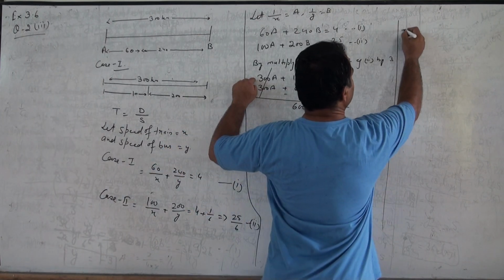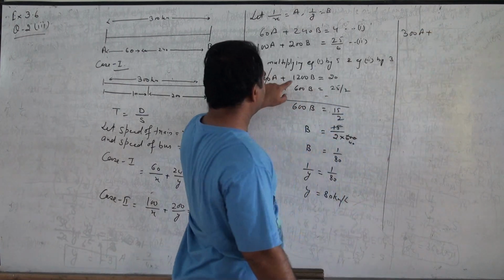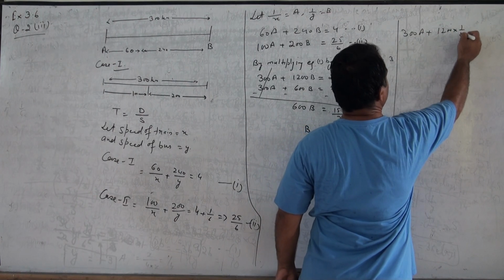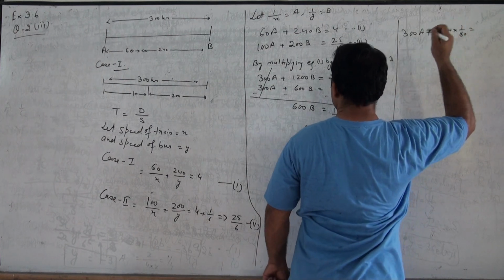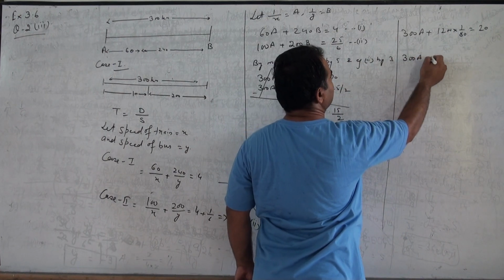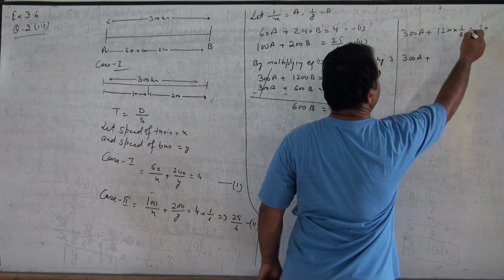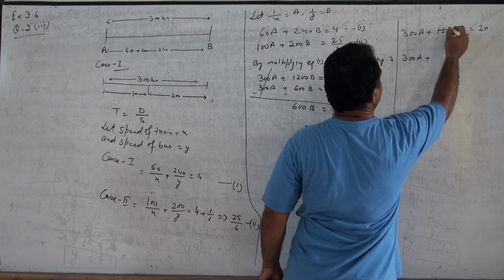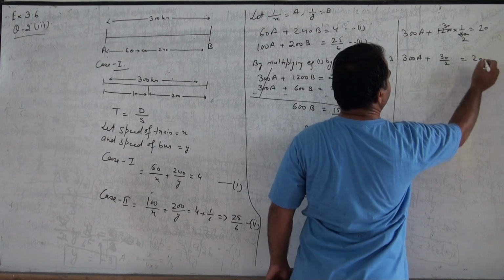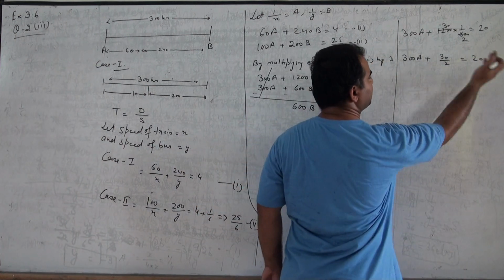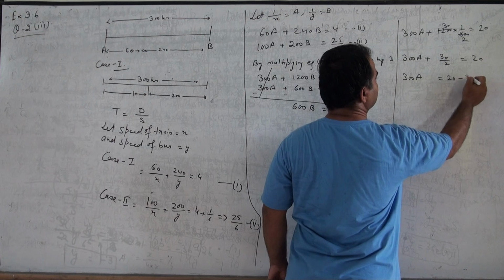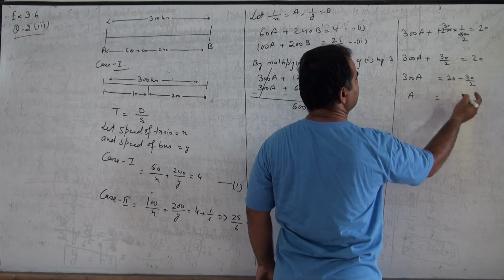So 300a plus 1200 multiplied by 1 upon 80. 1200 into 1 upon 80 equals 15, so it will be 300a plus 15 equals 20. We place 15 on the right hand side, and it will be 300a equals 20 minus 15.